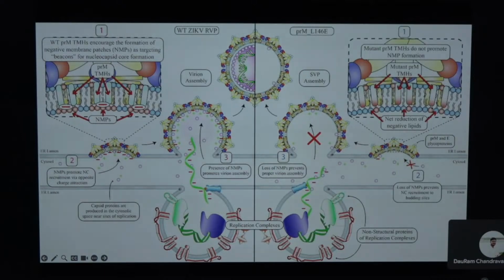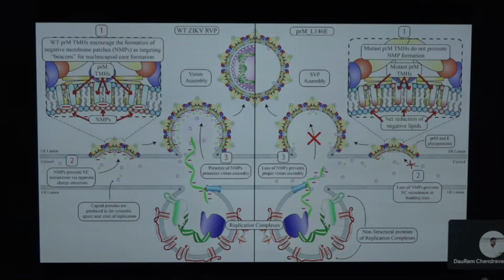And we can see that that negative residue is discouraging the integration of those negative lipids around the PRM transmembrane helix. And without those negative lipids there, we actually lose the charge needed to recruit those capsid proteins, which does not end up recruiting the RNA, which buds off defective SVP particles.